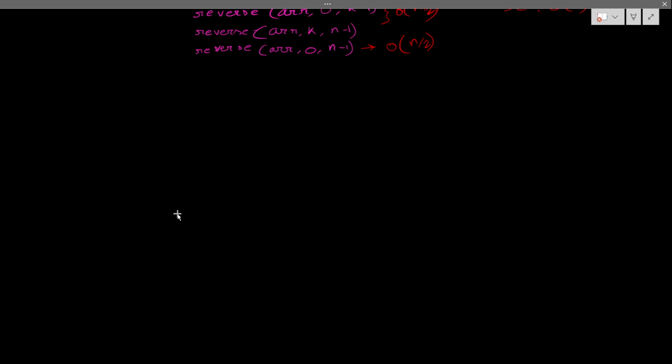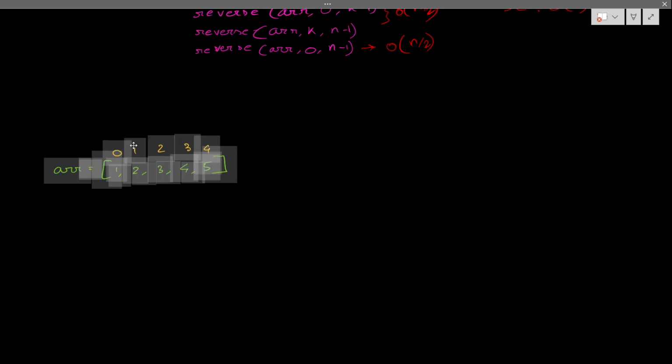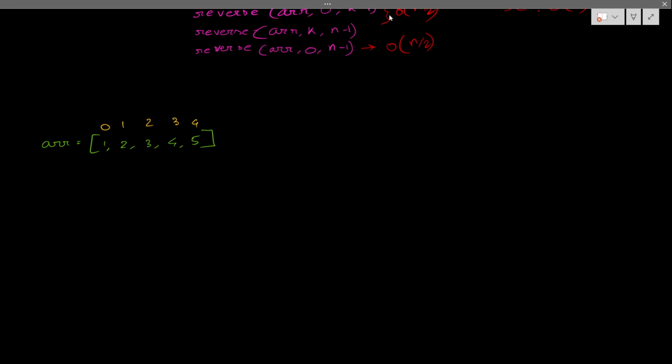So if I paste it here, this is my right rotation. If I do right rotation with k equals 1, it becomes what? My 5 will come this side, then everything will shift one place to the right: 2, 3, 4. So this is my k equals 1.